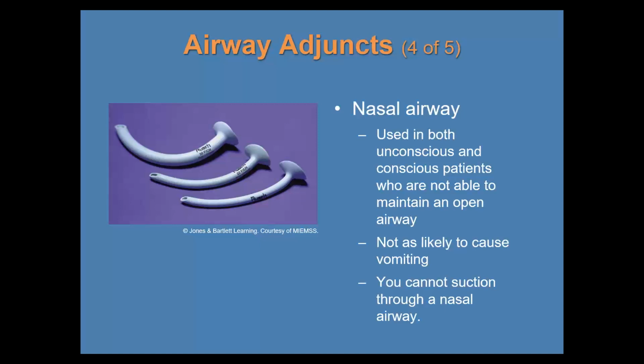But it's just a tube, right? It's a little rubber tube, and a few things we have to do with this versus the oral airway is that we've got to make sure that our patient doesn't have any head injuries or basal skull fractures or anything like that, where we might be impeding that.